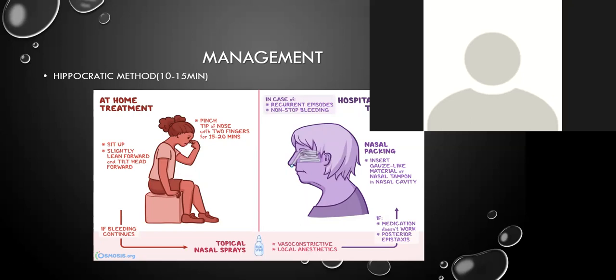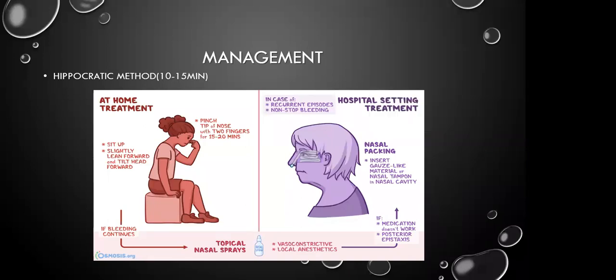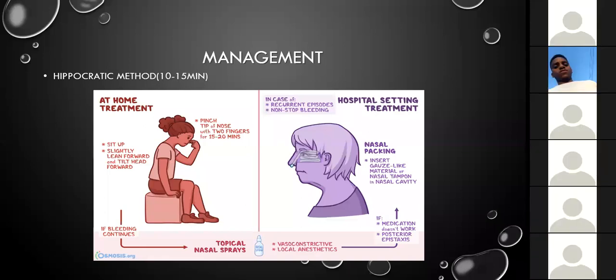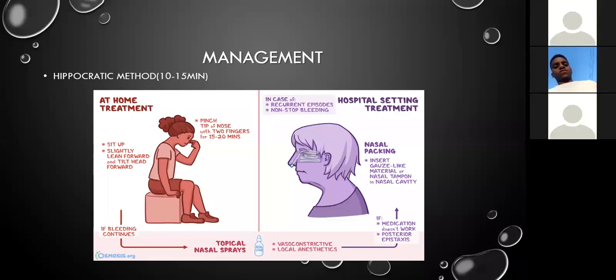If they have an intranasal tumor, you have to refer them to an ENT so that they can fully work them up and give the definitive management. But before you can do that, the basic is to first ensure that you stop the bleeding. So that is where the packing comes in before you refer the patient.